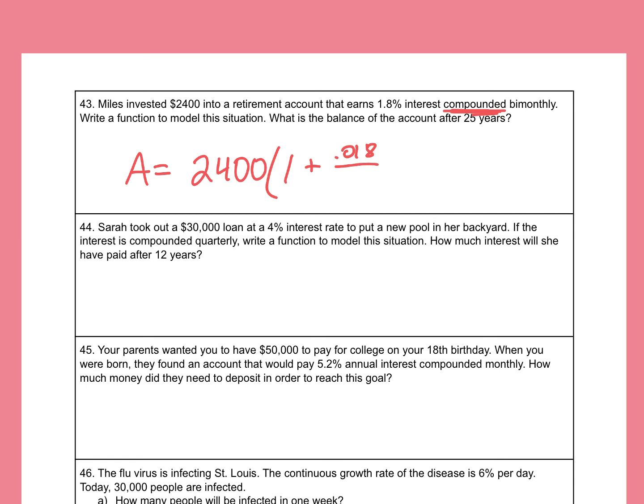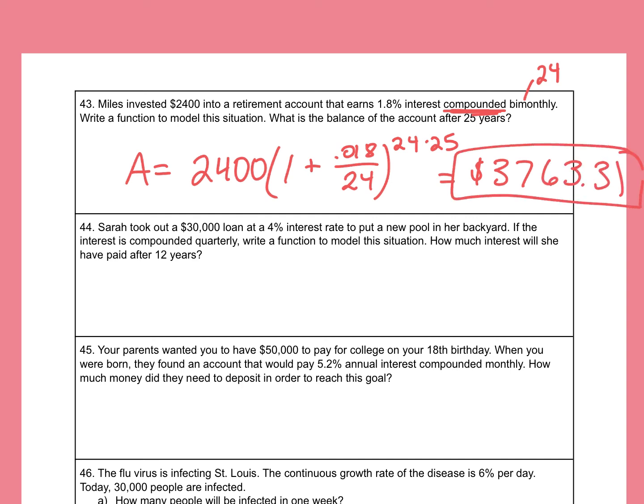Times the number of times compounded per year. Well, if it's bi-monthly, that means 24. That means twice a month, so 2 times 12 is going to be 24. So we'll put that here, and we'll also put it up here, 24 times 25 years, and times t. And when you type that into your calculator, you should get $3,763.31. So make sure we get that one set up properly, okay?